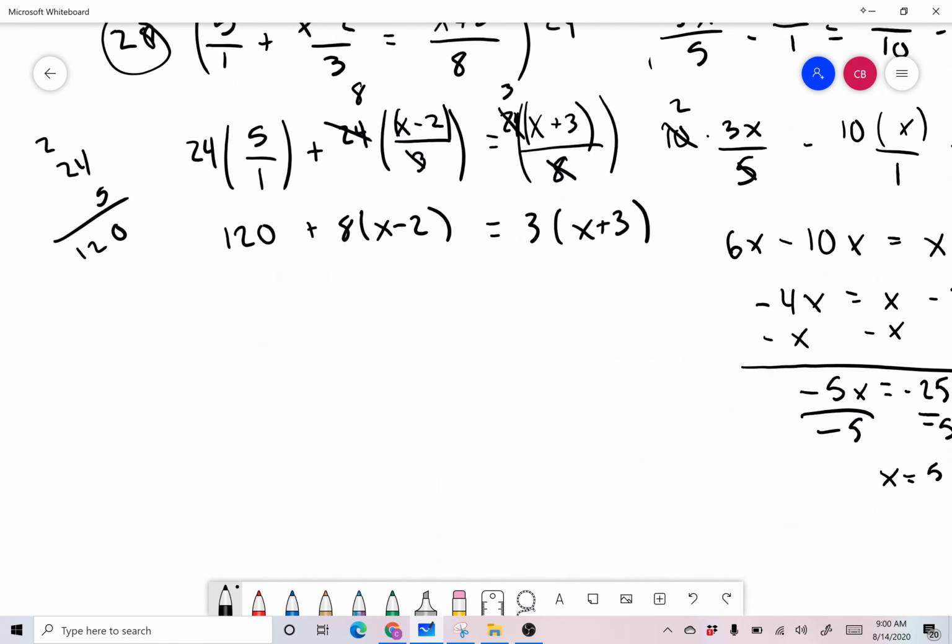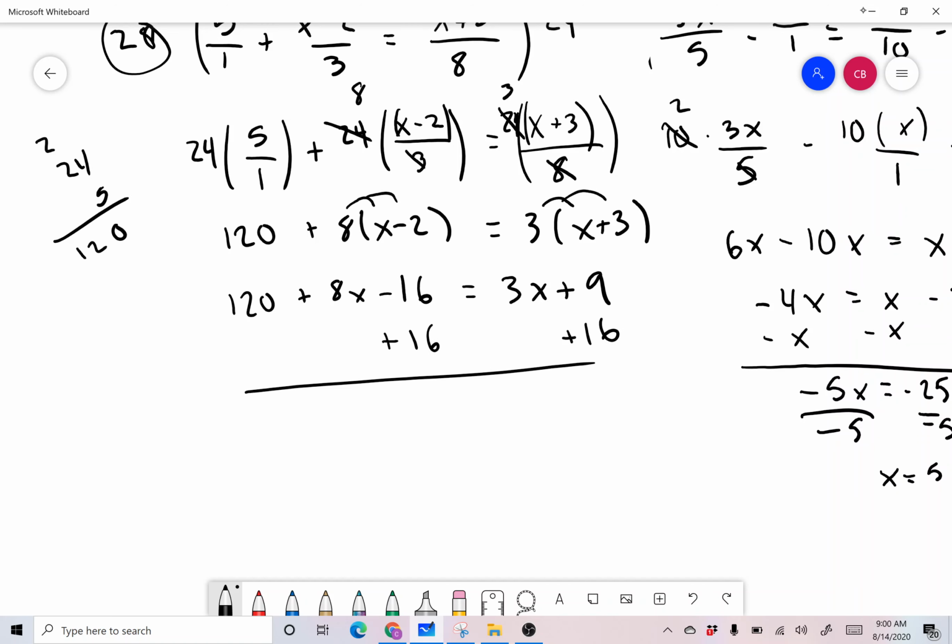Okay, so now we just do our foiling, or I'm sorry, our distributing. 120 plus 8x minus 16 equals 3x plus 9. Add the 16. 120 plus 8x.